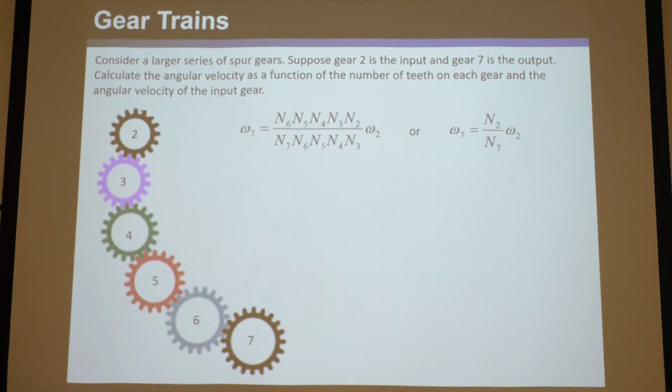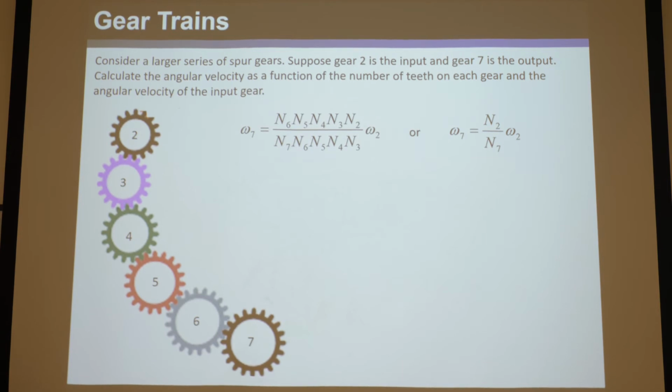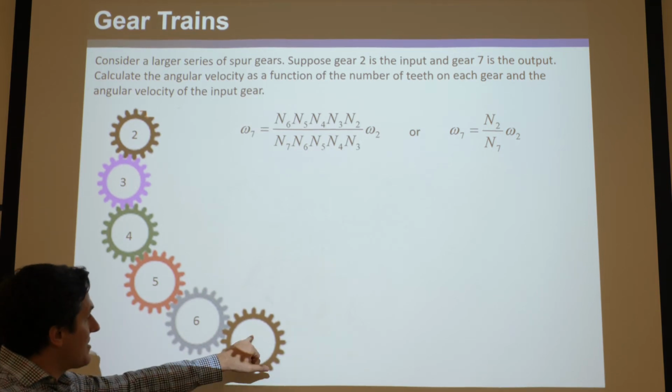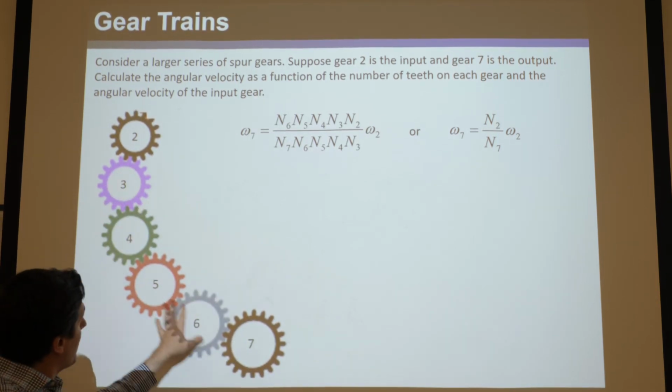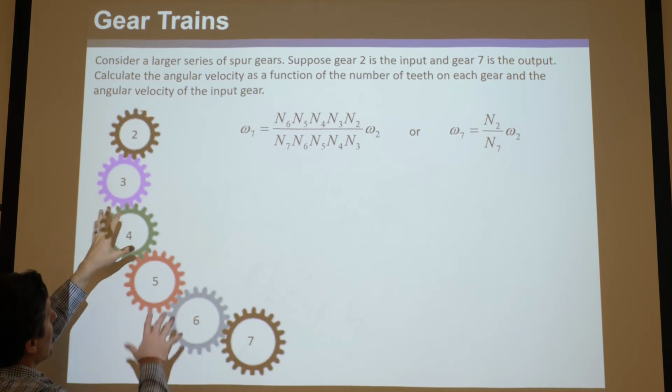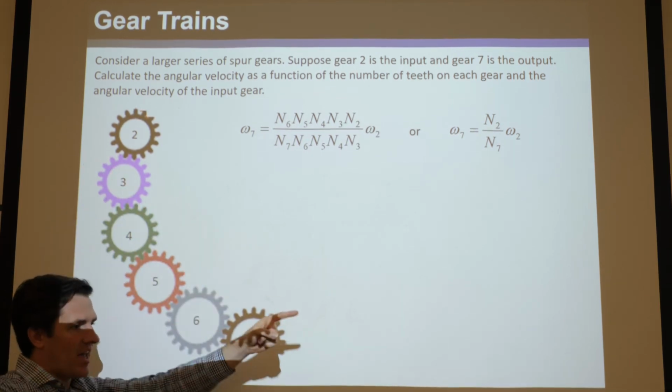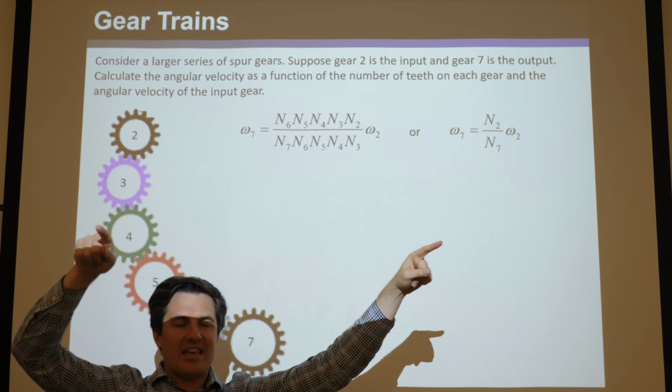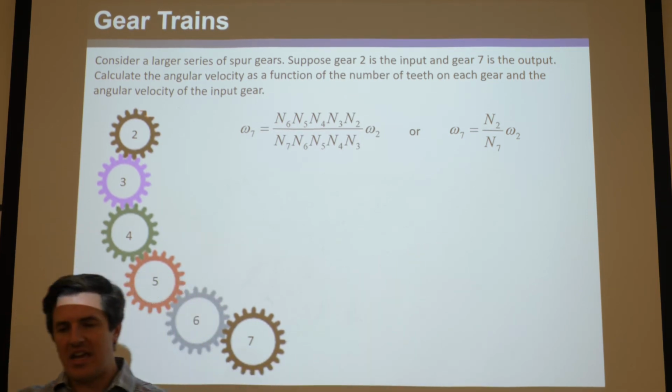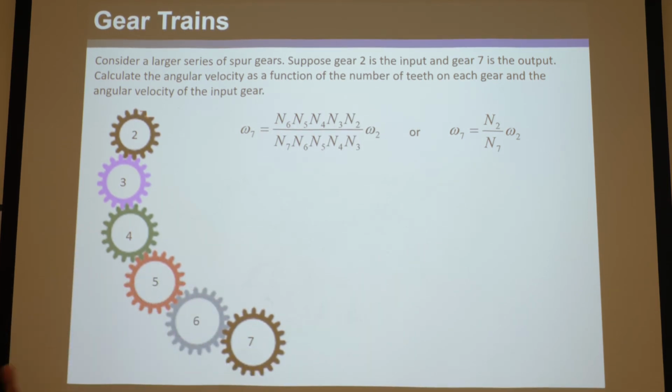So the only reason I would ever imagine anyone putting a bunch of gears in a serial chain like this is if you really want to increase the axis difference between 2 and 7. Certainly you'd never curve it like this, right? You'd want to put it in a nice straight line, and that way you would increase the distance between the two parallel axes you want to achieve with the gears, but you do so without having giant gear radii.